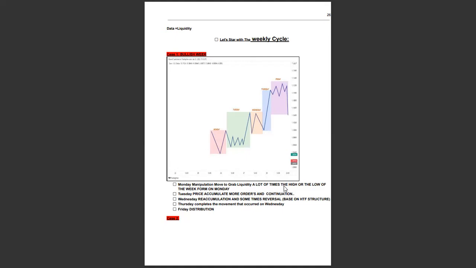A lot of times the high or the low of the week forms on Monday, right? Tuesday price accumulates, then continuation. Wednesday reaccumulation, sometimes reverse based on the higher time frame structure. Thursday completes the movement that occurred on Wednesday, Friday distribution.